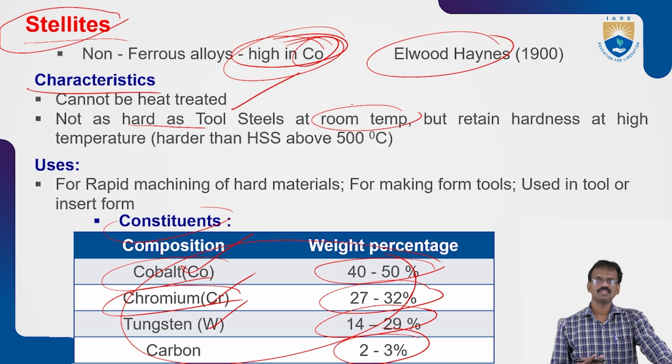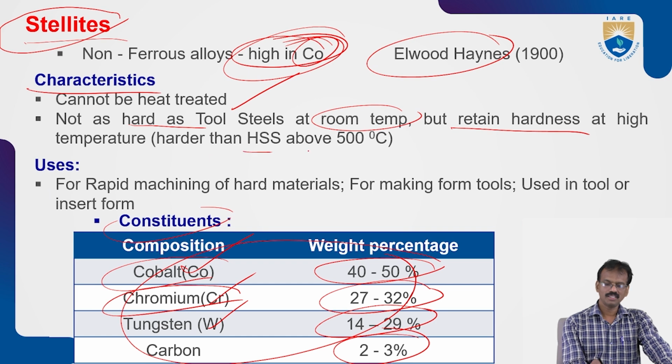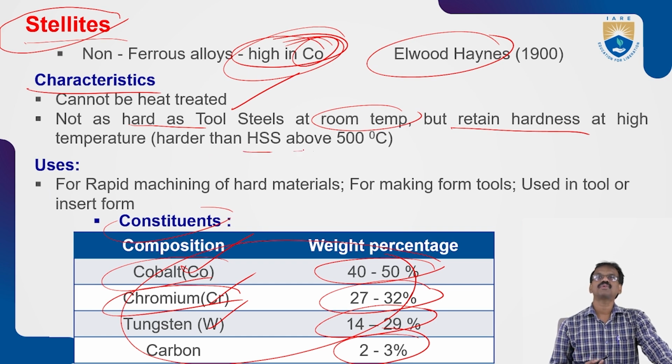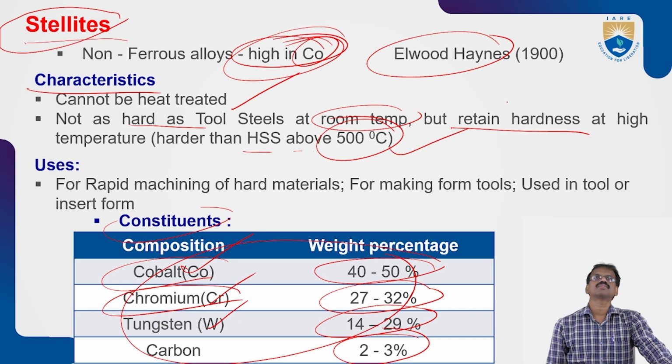At room temperature, it is less sharp compared to high speed steel and carbon steels, but it retains hardness at high temperature, much harder than HSS above 500 degrees Celsius. Okay. So when the material is heated, automatically it gets good hardness. Okay, that is the main property of this stellite.